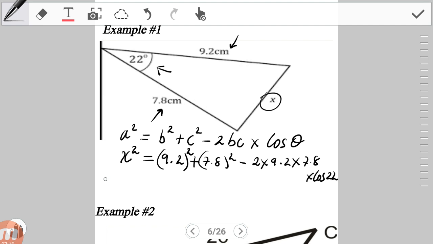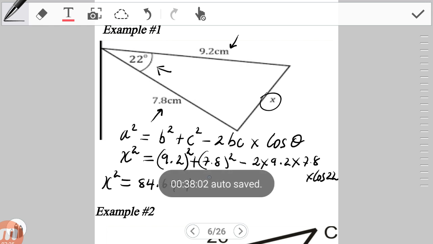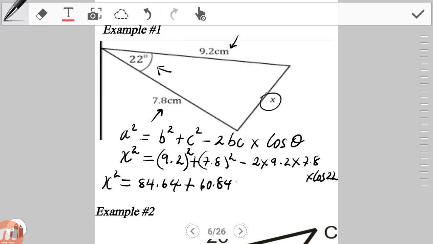That's going to be, let's say here, x squared is equal to, when I square that value, I got 84.64. And I hope that you guys are working with me at the same time. Plus 7.8 squared, which is 60.84.